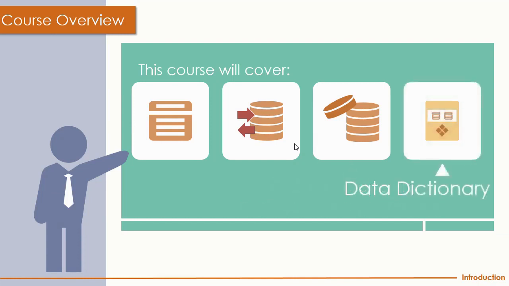Also, we will talk about the data dictionary, which generates the full detailed documentation of your database design. Then you can share with your team members so that we can work together to deliver the systems. And this is one of the reasons why we need such a database design.